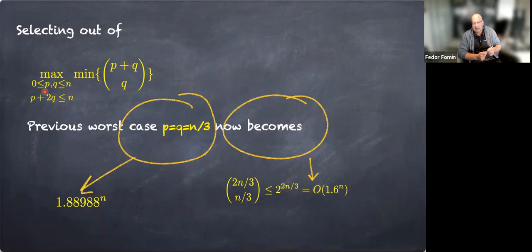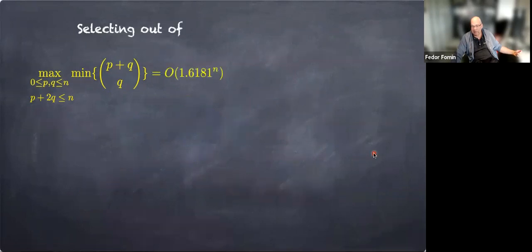Now the previous worst case for this system was 1.888^n, that was n choose 3. But now, if you play with the numbers, the worst case becomes 2n/3 choose n/3, and this is at most 1.6^n.